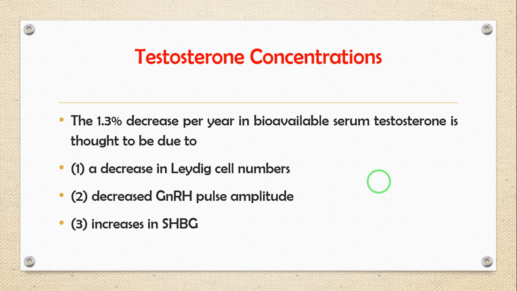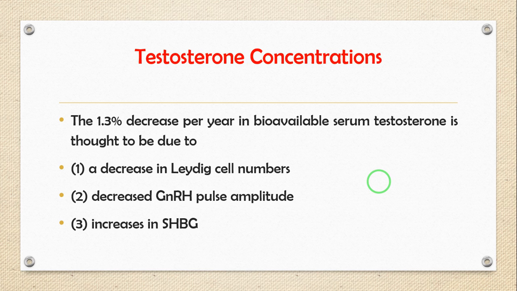Then there is a fixed percentage of decline in the concentration of testosterone with each year. It has been estimated to be about 1.3 to 1.5% decrease. Each year, the level of testosterone in the blood will decrease after the age of 40 by about 1.3%.